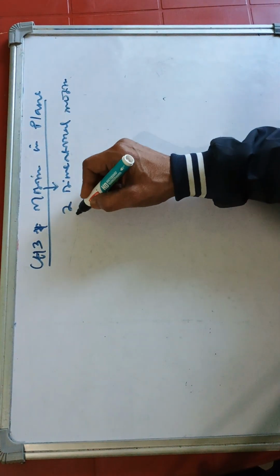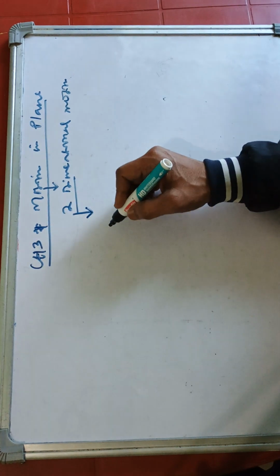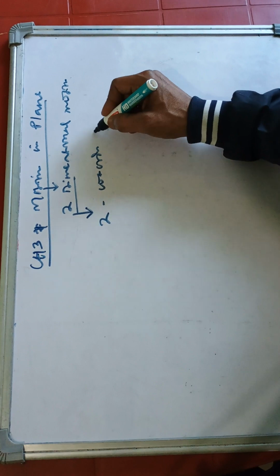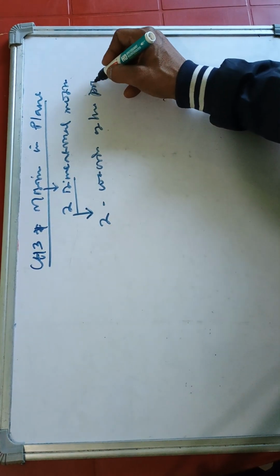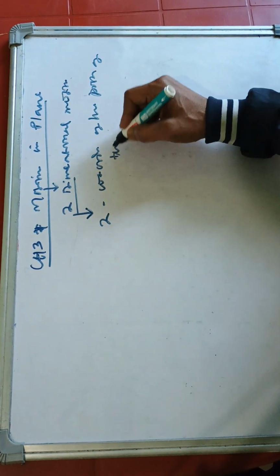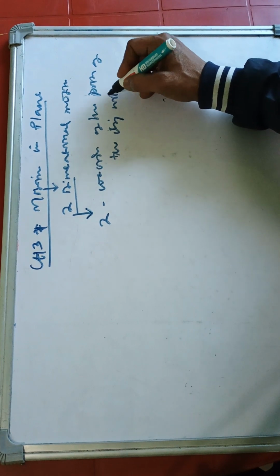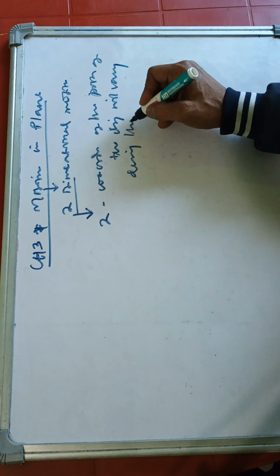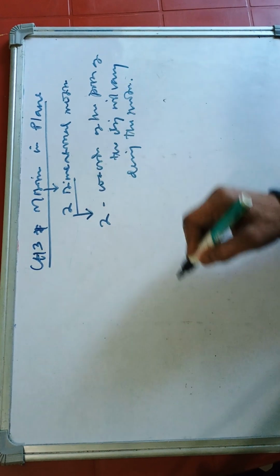That means two coordinates of the position of the object will vary during the motion.